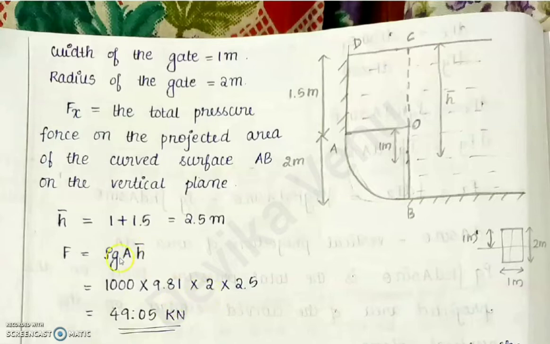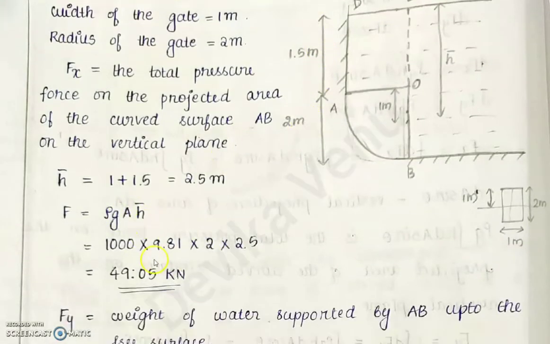What is the area here? It is the projected area of this curved surface onto the vertical plane. It will be just like a rectangular plane surface with the dimension 2 by 1 meter. I hope that is clear.